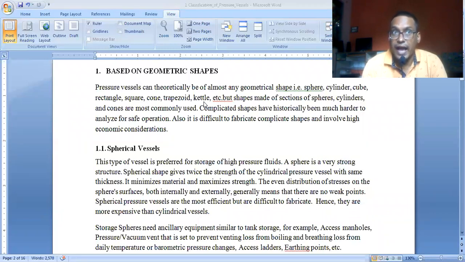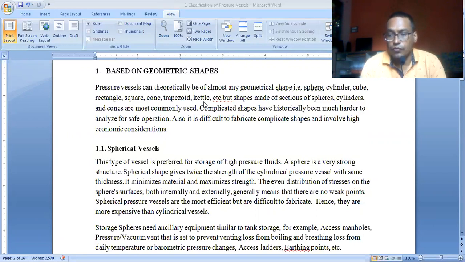However, in case of a cylindrical vessel, there is a joint between the cylindrical shape and the head, and this joint is the weakest section of the cylindrical part.